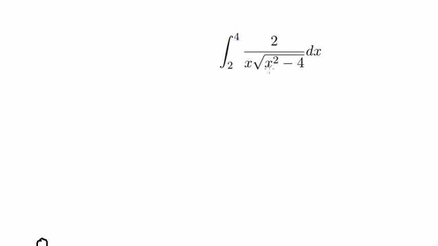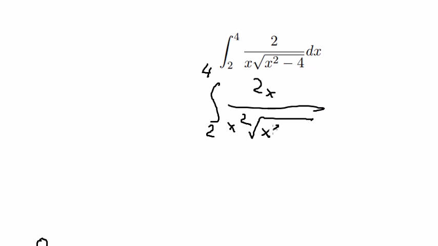Now let's go to the next one. We multiply with s on numerator and denominator. So we can use substitution. So we put u equal to the square root.